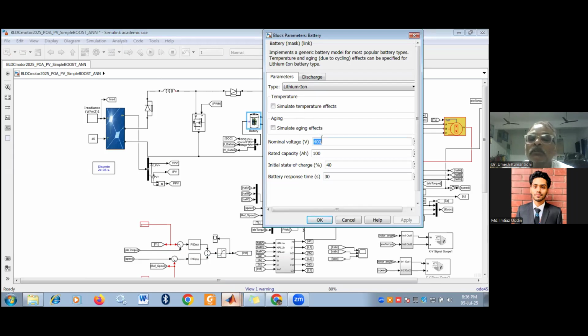Here we have the nominal capacity, the nominal rated ampere hour of the battery. We have the initial state of charge. It should not go very low and it should also not rise to 100, so it should be kept within some range.